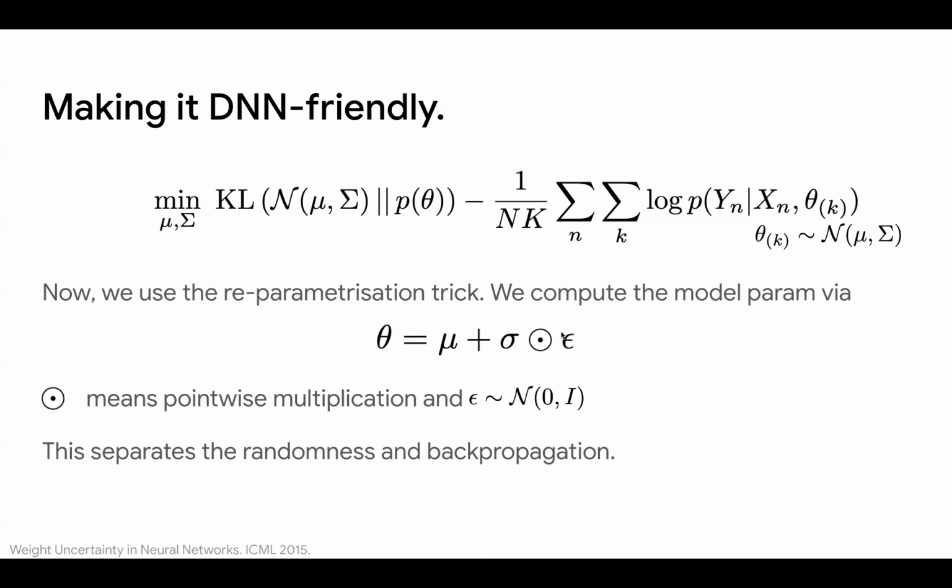So you can separate the parameters mu and sigma from the sampling operation, because there's no trainable parameter inside this epsilon. The sampling operation itself is not differentiable, so we can't backpropagate through it.